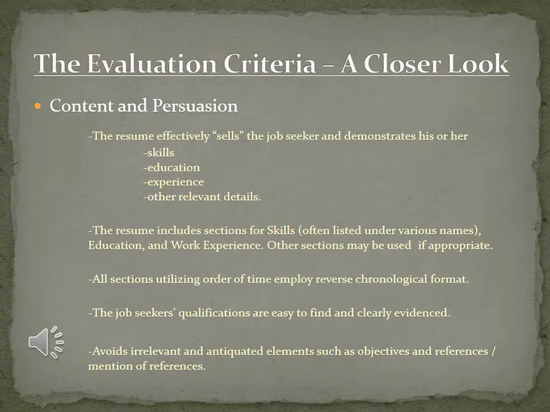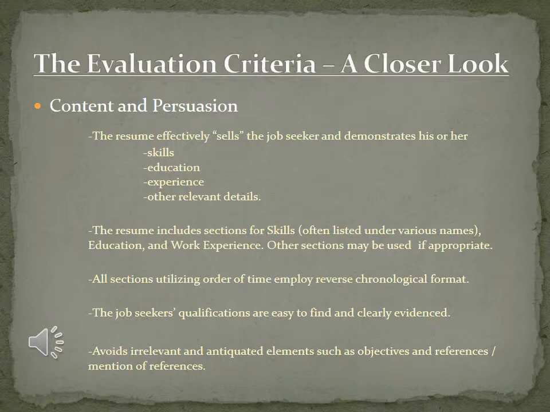Now, a job seeker might choose to have other sections if they're appropriate, things such as volunteerism or awards or things like that. All the sections in the resume that utilize time should put that in reverse chronological order. So work experience or volunteerism or whatever the case may be should always start with the most recent element and work backwards.